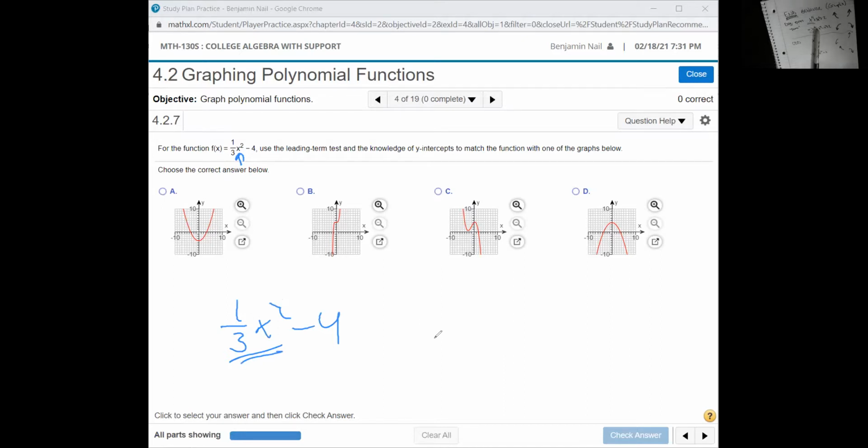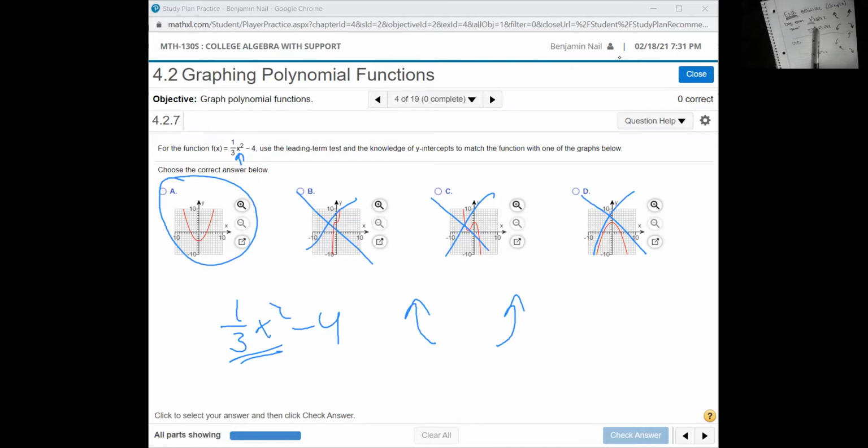And the fact that this 1/3 is positive tells me my end behavior is going to be like so. Both of my ends are going to go in the same direction, so that cancels out B and C. And if that 1/3 is positive, then both of my ends are going to go up, so that cancels out D. So my only choice in this case is going to be A.